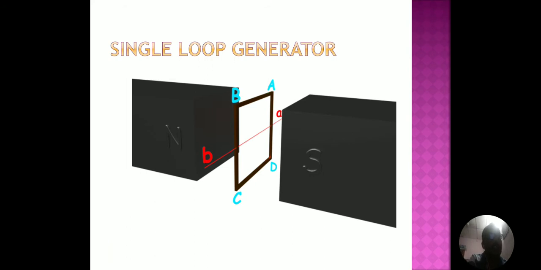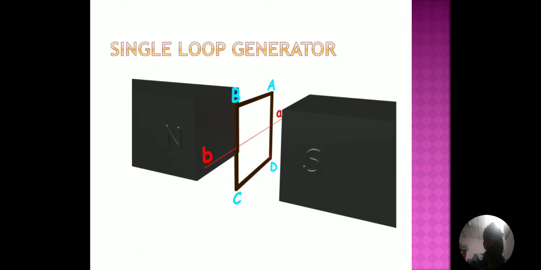Now let us see the next topic, that is single loop generator. You can see in the figure below, here there are two magnets, north pole and south pole. The magnetic flux lines start from the north pole and end at the south pole.